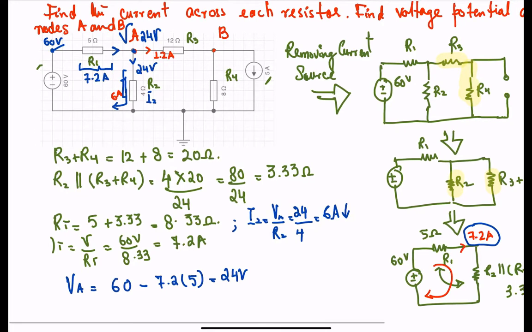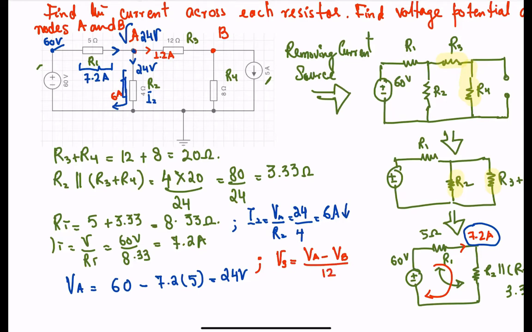Now that we know that, we can find out VB here. The voltage across R3 is actually the potential difference between VA minus VB. So V3, the voltage across R3, equals VA minus VB, over the resistance R3, which is 12 ohms.